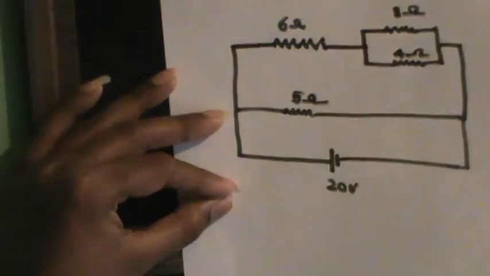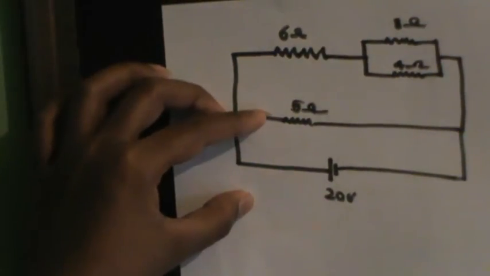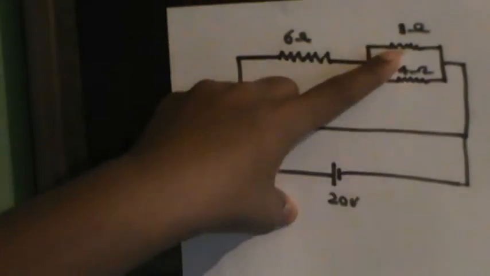I'll take the resistance of this to be 6 ohms, here to be 3 ohms, here to be 4 ohms, and here to be 5 ohms. So I am asking, what are the currents that flow through these resistors?